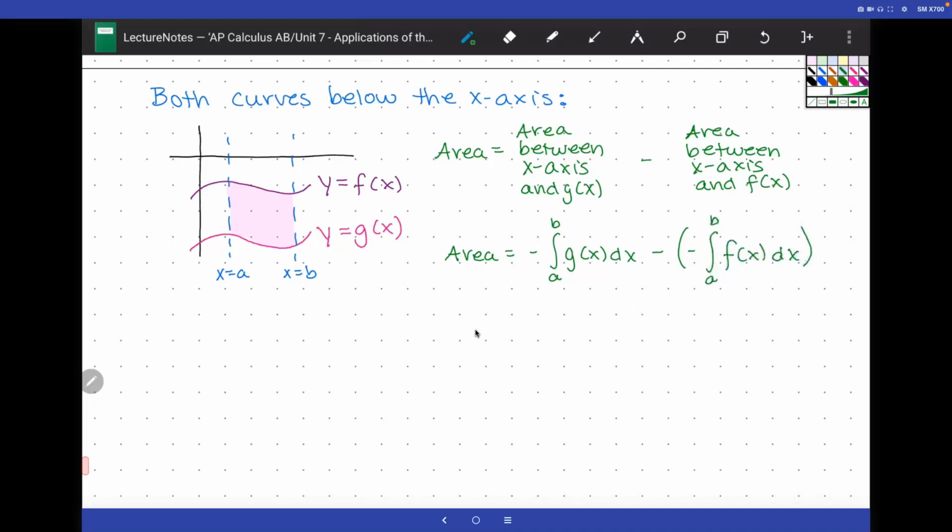So I'll let you look at that for a second. Any questions on this? Yeah, the minus and negative on the f is just going to make that integral positive, integral from a to b. Nice.